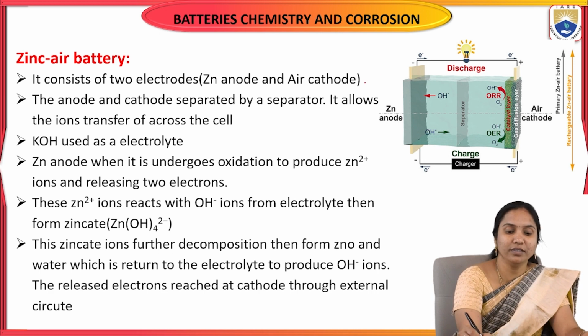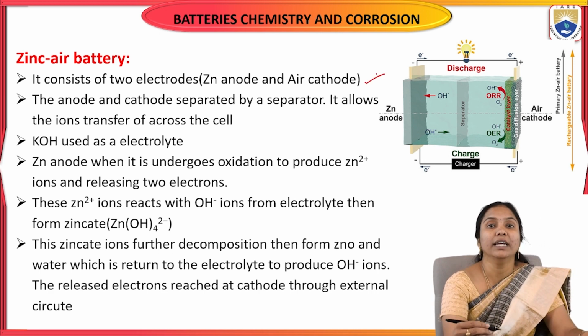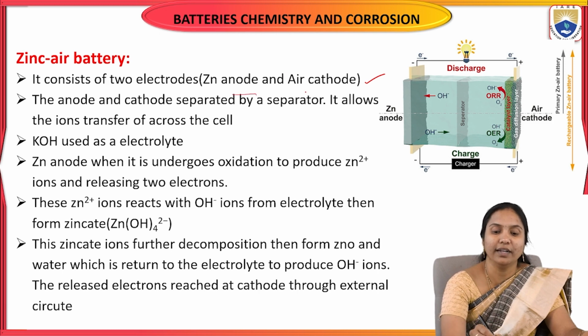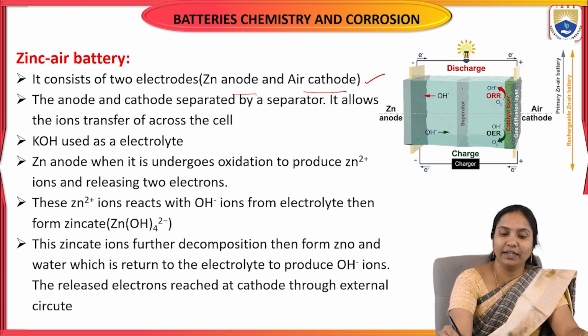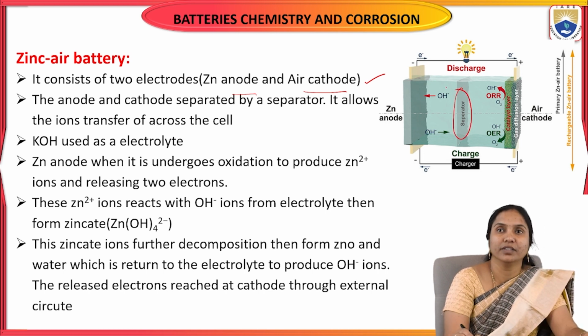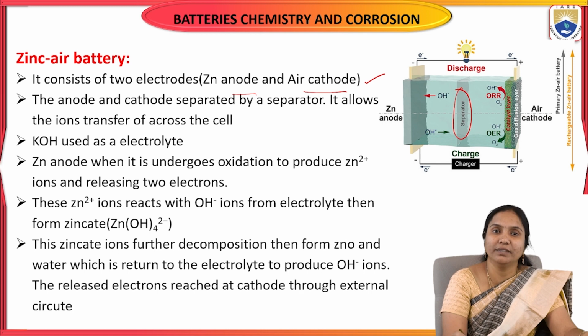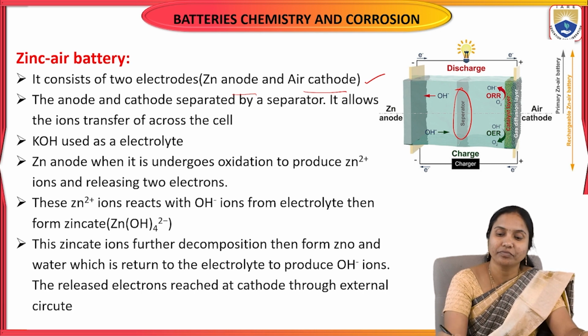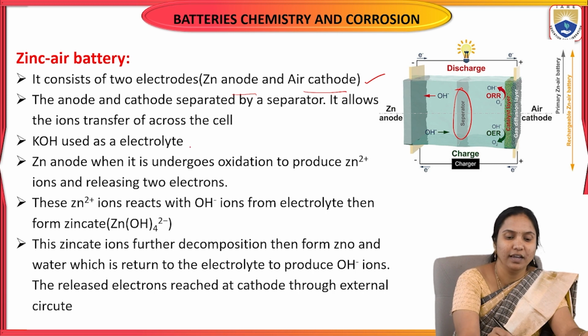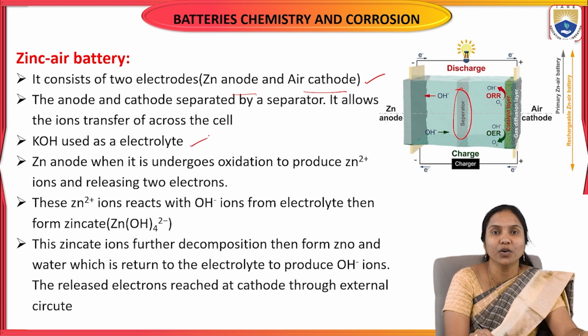So the anode and cathode are separated by a separator, which allows ions to transfer across the cell. And KOH is used as the electrolyte.